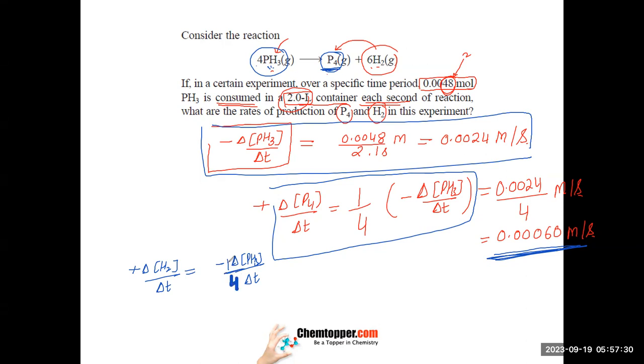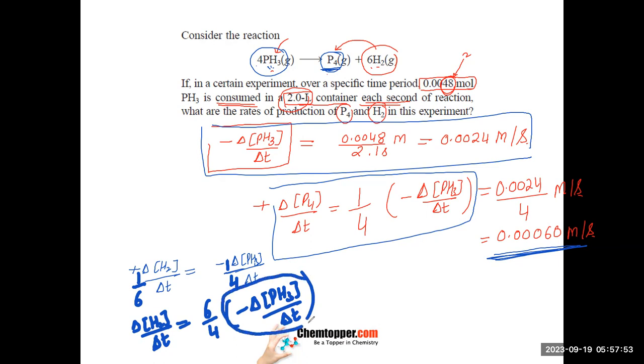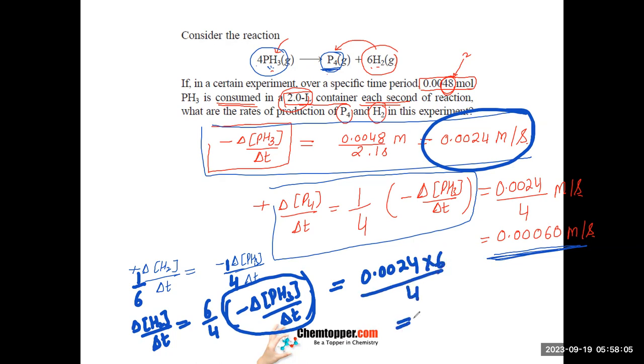So the rate of appearance of H2 is 6/4 of the rate of disappearance of PH3. And this value I know, where? This. So the answer is 0.0024 times 6 divided by 4, which is, two significant figures. Units.